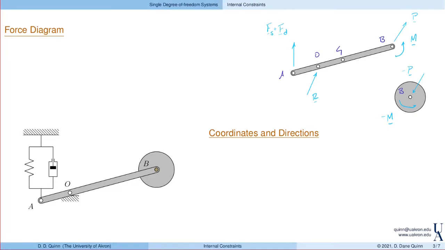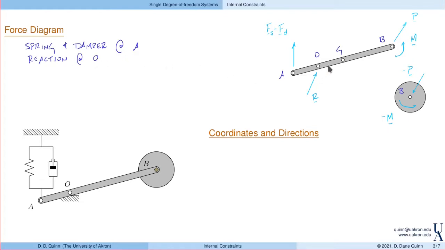So again, in this problem, we have forces from the spring and damper, and those act at A. We have a reaction force at point O, right?